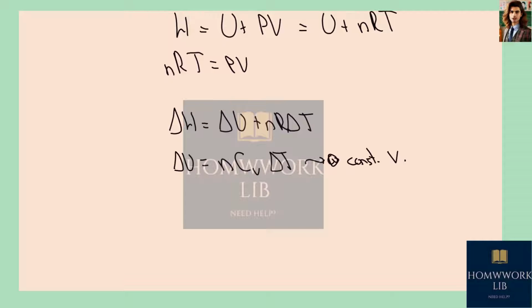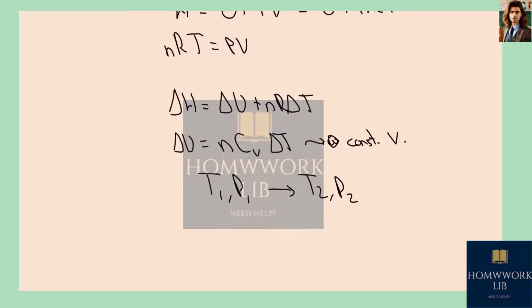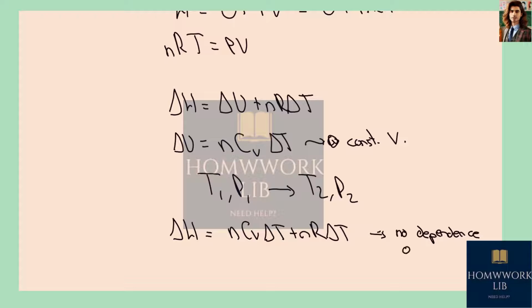So, whenever we have a process, for part A, in which an ideal gas goes from T1, P1 to T2, P2, if we calculate the change of enthalpy, we're going to find that this is equal to nCv delta T plus nR delta T. As you can see, there is no dependence on pressure.